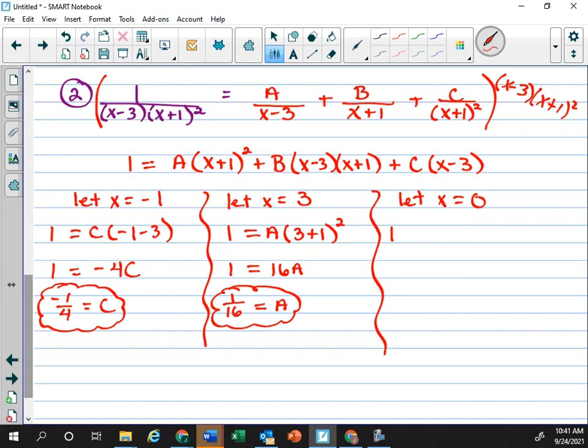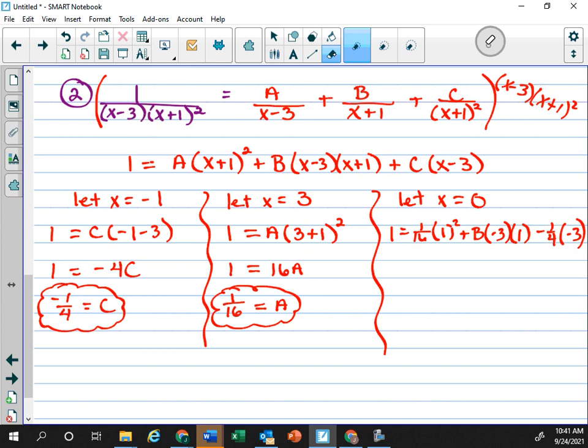So I'm going to have 1 equals 1/16 times 0 plus 1, I'm going to just say 1 squared, plus b times -3 times 1, plus, minus 1/4 times -3. Are we okay with the plug-in in there? That doesn't look like a 16, but it is.